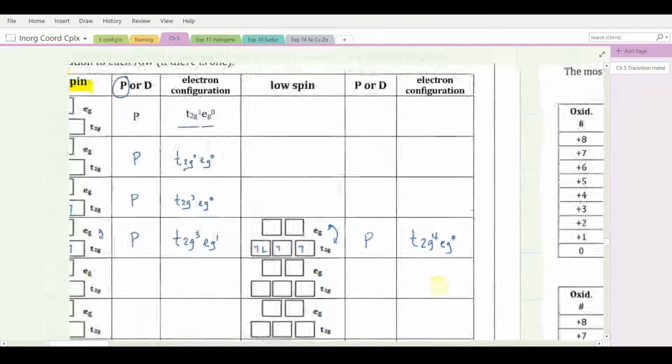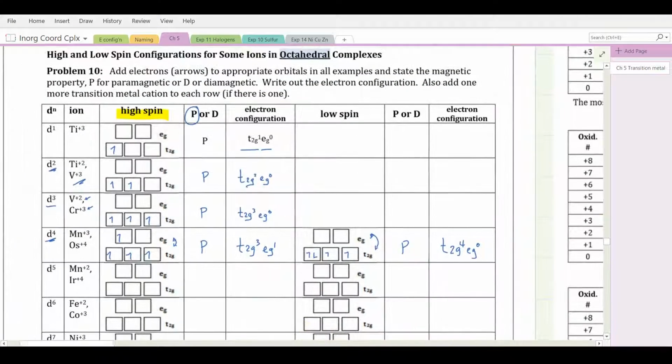So when you have 4 or more d electrons on the transition metal in an octahedral field, depending on the strength of the ligand, the octahedral field splitting energy will be small, in which case we get high spin state structures. Otherwise, with a strong ligand, the octahedral field splitting energy is large and we get low spin states where there are fewer unpaired electrons and more paired electrons.